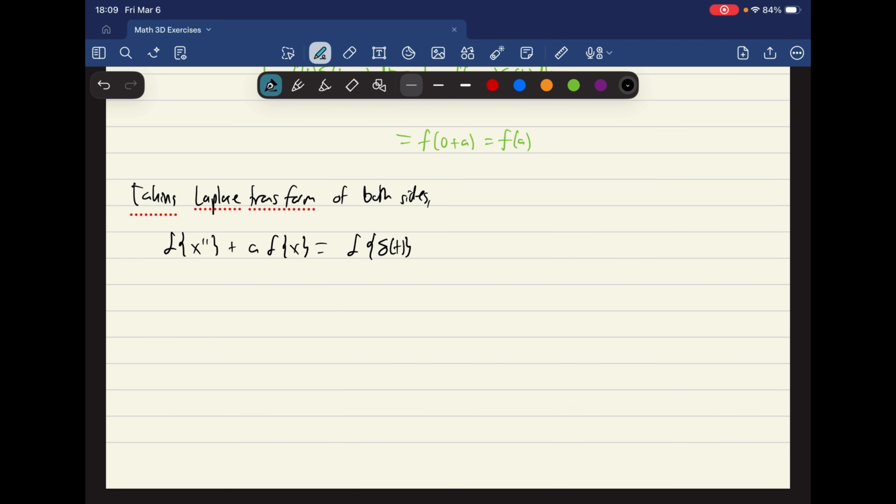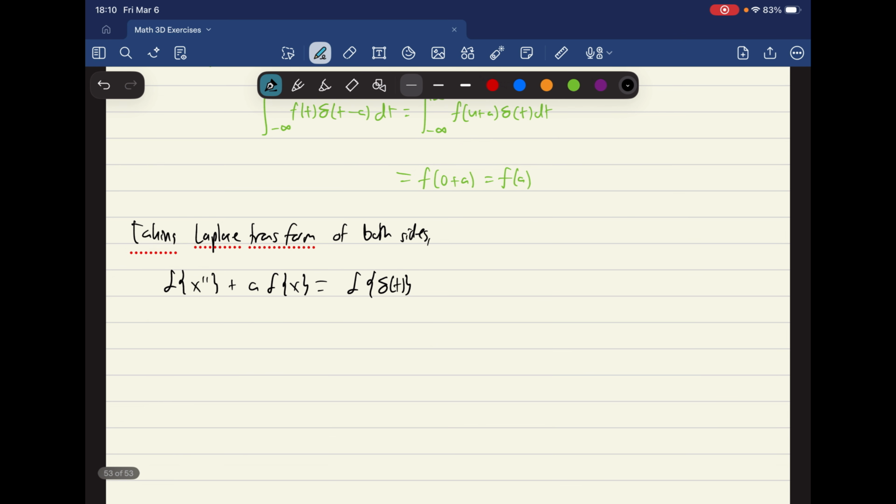Okay. Well, what is this Laplace transform of the Dirac delta function? Well, here we're going to go back to the definition, the integral from 0 to infinity of e to the minus st delta of t dt.